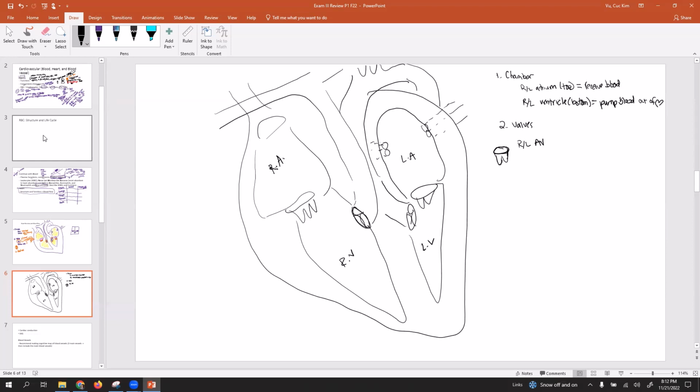Because they have these flaps, you'll always find these tendinous cords associated with the atrioventricular valves, and what holds those tendinous cords down are papillary muscles. So you have the right and left AV valve. And if you want to be specific, the right one is also called what?